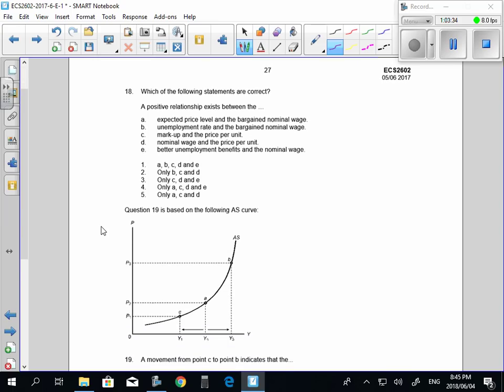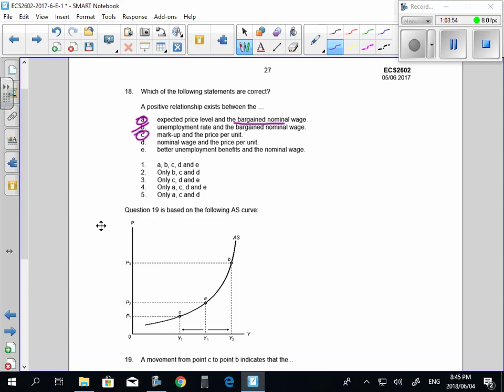Question 18. Positive relationship exists between expected price level and bargained nominal wage. If we expect the prices to increase, we're going to bargain for higher nominal wages. Unemployment rate and nominal wage has a negative relationship.